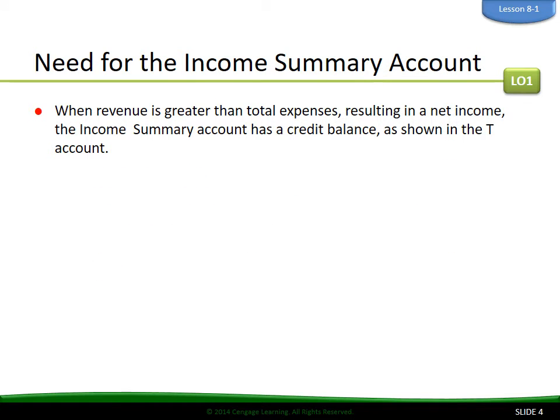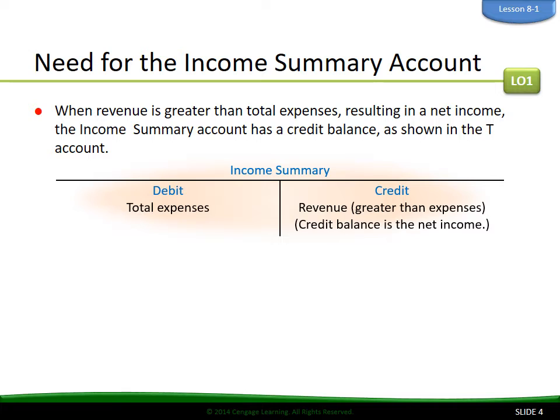So going into the income summary account, as I just mentioned, if your sales revenue is greater than your total expenses, you have a net income. Therefore, your income summary would have a credit balance shown in the T account. It looks like this. So your income summary account here, you've got debit on the left.